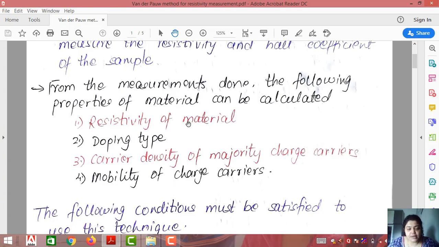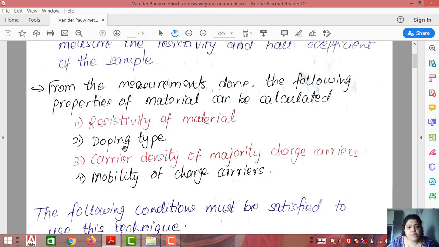Resistivity of a material divided by the conducting material's thickness is known as sheet resistance. So if the resistivity is calculated, you can find out sheet resistance, or vice versa. If sheet resistance is determined, we can measure resistivity.